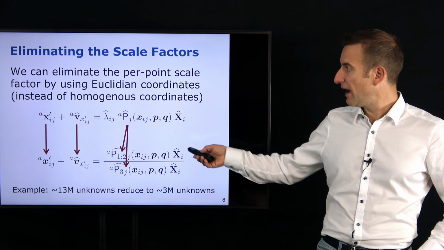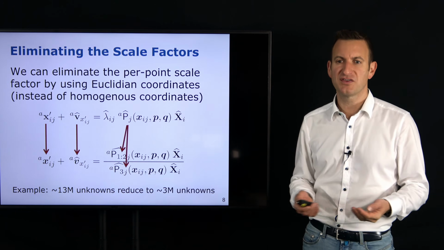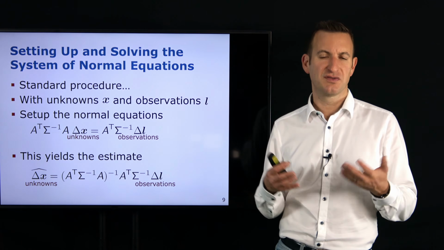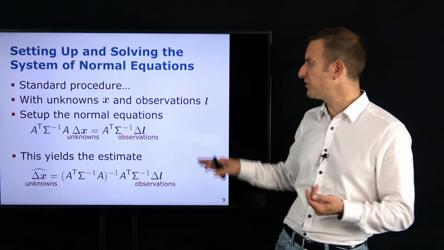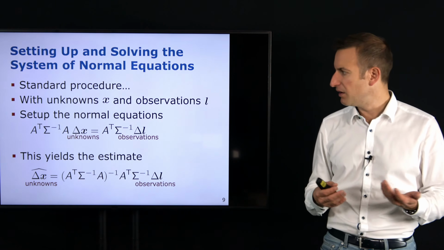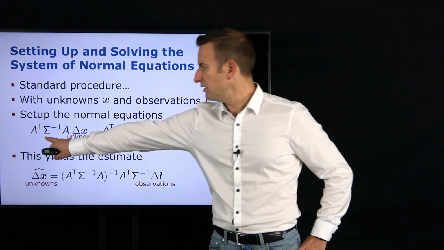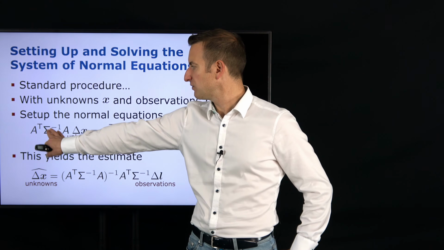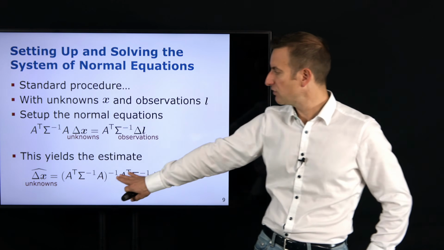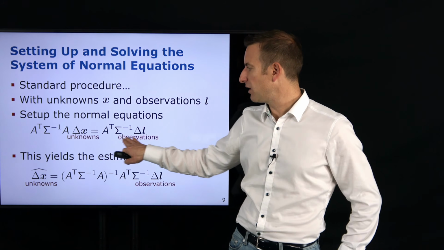If I now have this equation, then I can use my standard least squares approach, the standard procedure that we know. We have our unknowns and our observations, and we set up our normal equation system. So the coefficient matrix or Jacobian matrix A, this is the covariance matrix or the inverse of it, the information matrix, my unknowns, and here my observations.